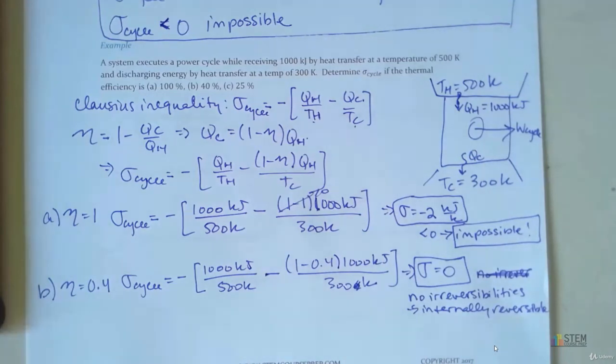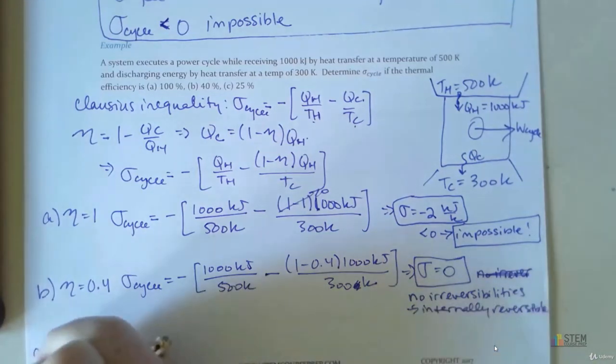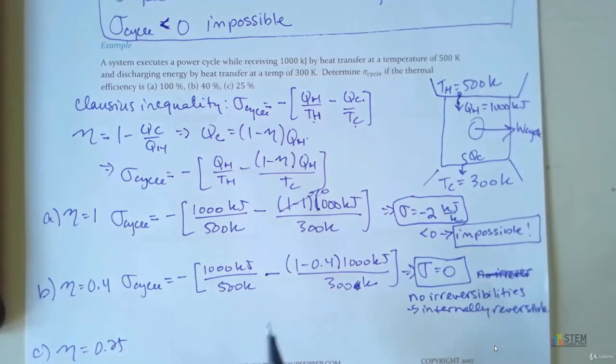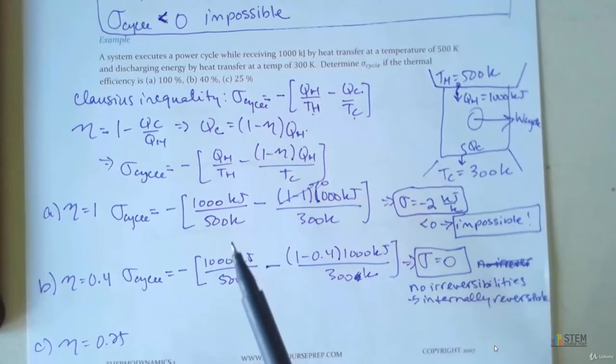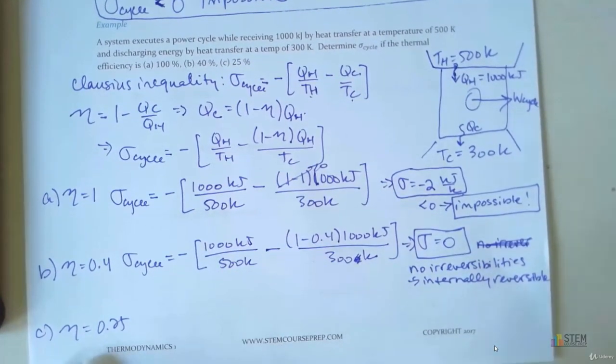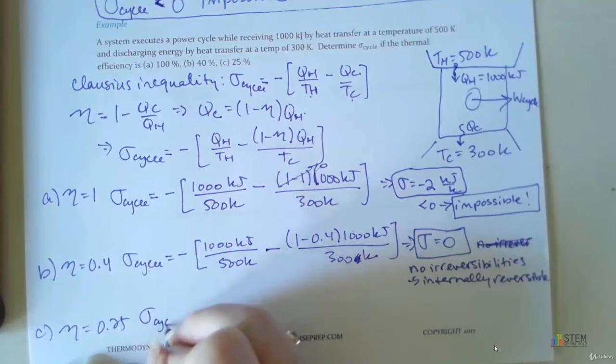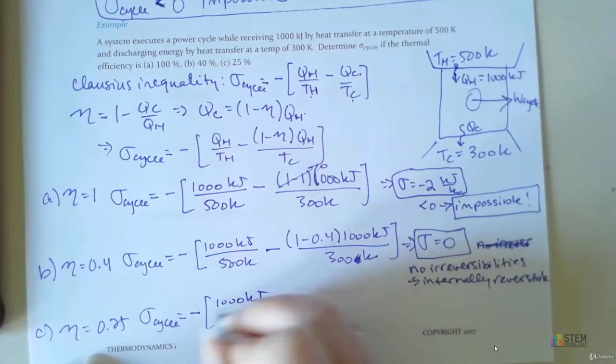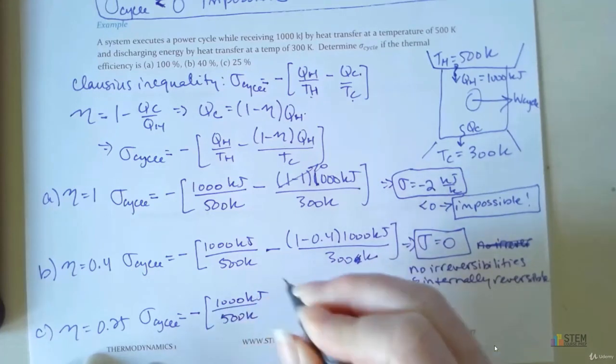Now, last one. C, the efficiency was 25%, so that's 0.25. You guys know the routine. We're going to plug all the values into the sigma equation and then see what we get. So it'll be negative 1,000 kilojoules per 500 Kelvin.